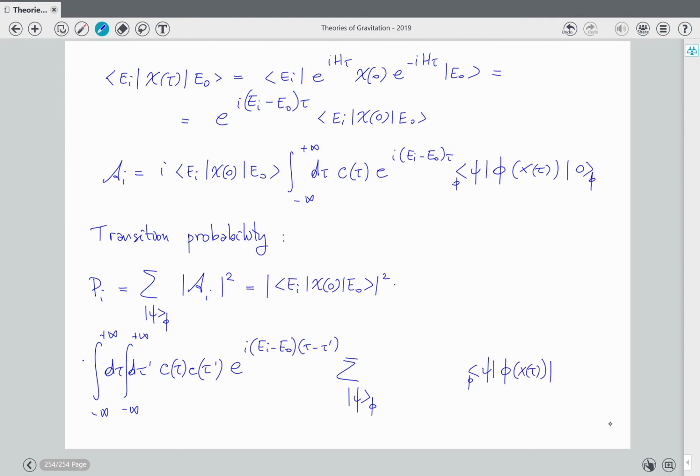Phi of x of tau, 0, phi, times the complex conjugate of that, and you know how to write the complex conjugate, but the complex conjugate is calculated in tau prime.